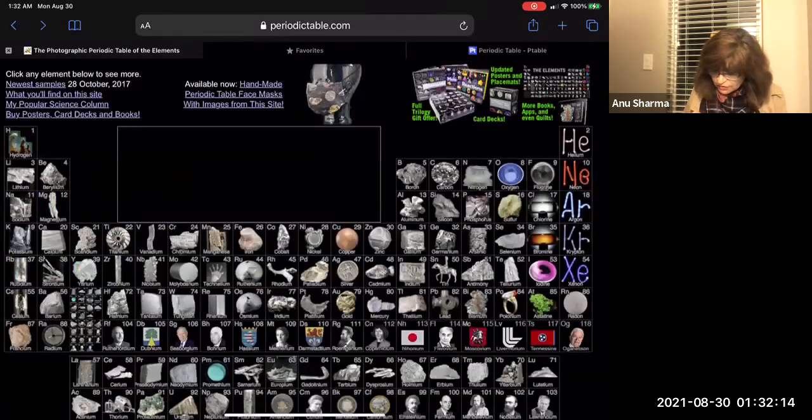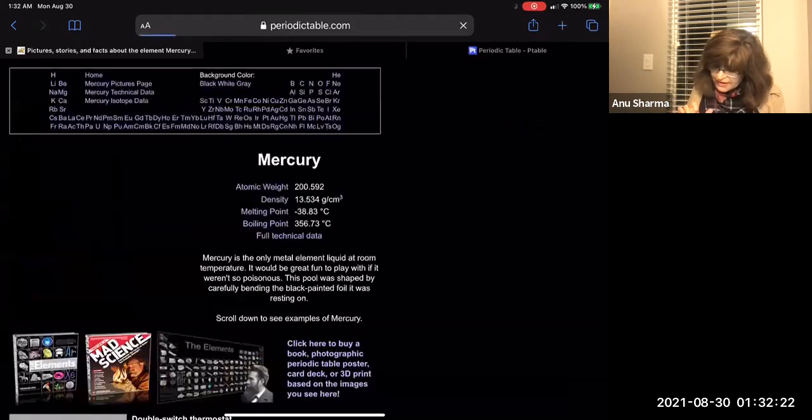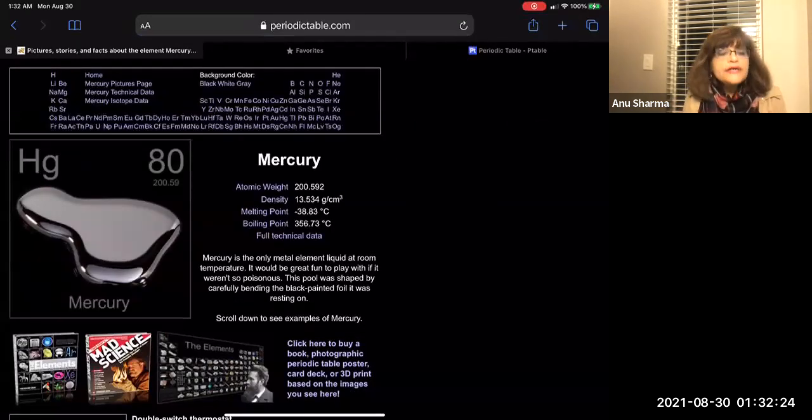And now let's look at, for example, mercury. Where is mercury? Mercury is right here. We've already seen that mercury, by itself, is the one found in thermometers, right? It flows. The moment somebody has a high temperature, you put the mercury, and it shoots up and tells you the degree of hotness.